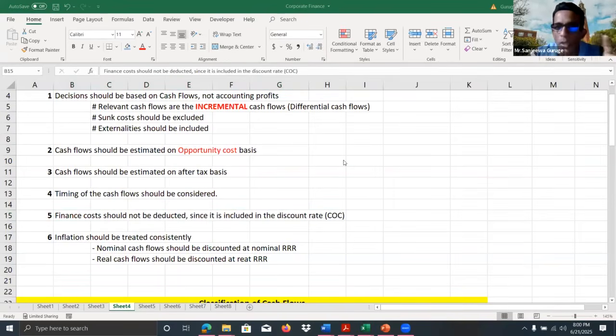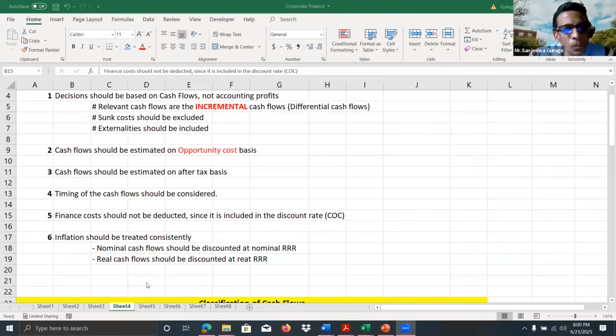Here, if we discount, the discount rate finally is the weighted average cost of capital. So the cost of equity also we calculate, and everything is incorporated here. I will describe that in a few minutes.